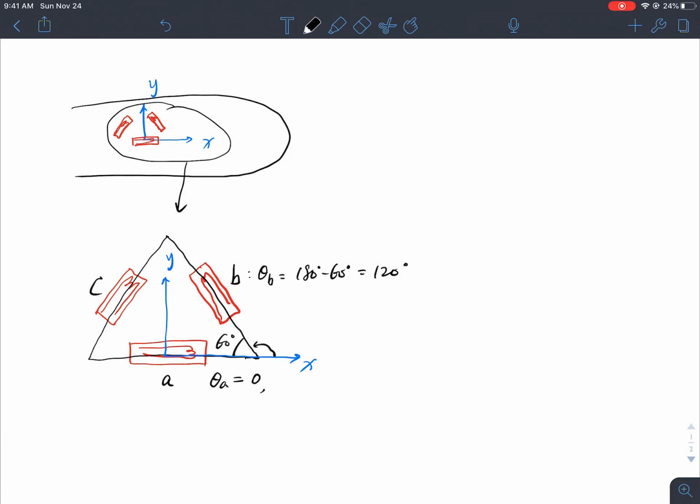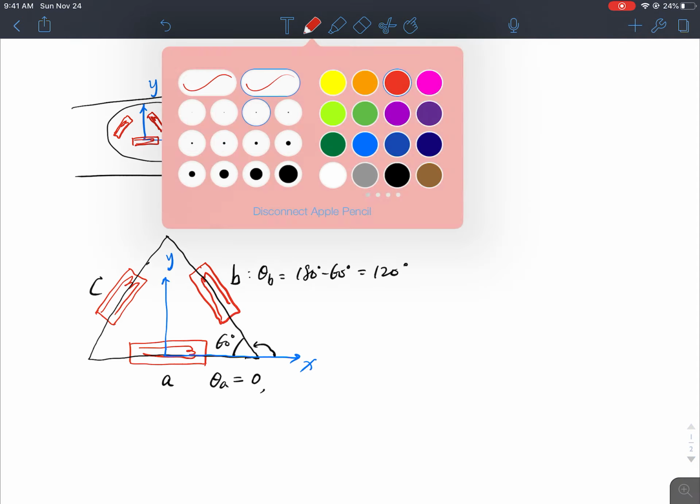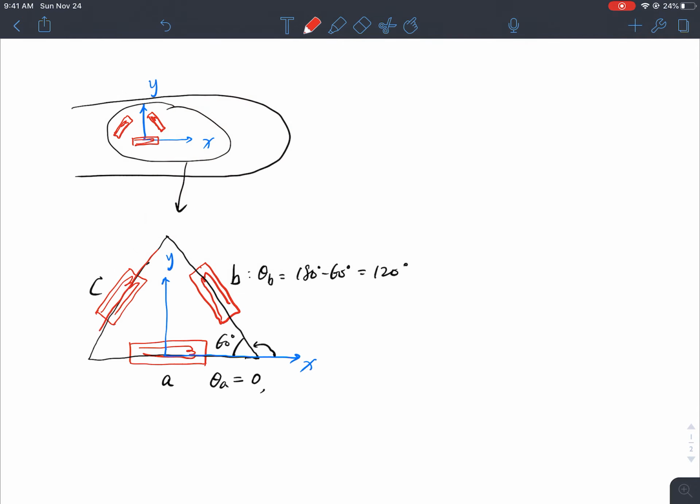The way I look at it right now is going this way, so let me label it out. My theta angle for C is right here. I use the red color to differ from the others. So theta C right now is actually 60 degrees. This is my strain gauge setting.